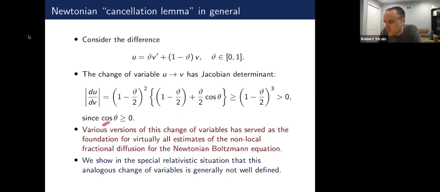And for cosine theta greater than or equal to 0, this is greater than or equal to ((1 minus theta) over 2) cubed, which is strictly positive. So the Jacobian determinant is strictly positive for all theta in (0, 1). And various versions of this change of variables have served as a foundation for proving virtually all estimates of the non-local fractional diffusion for the Newtonian Boltzmann equation.